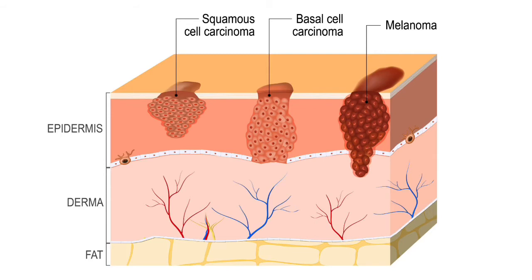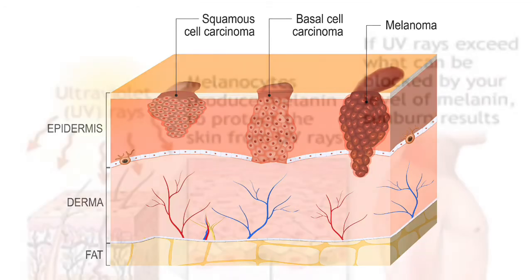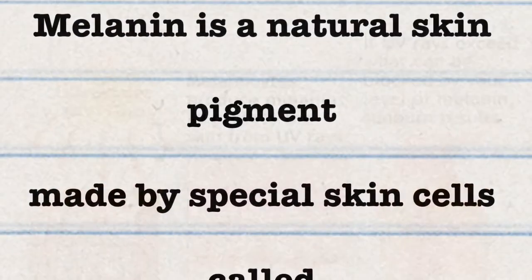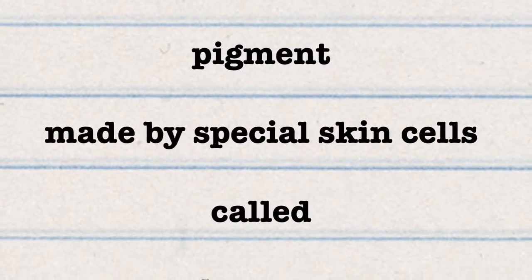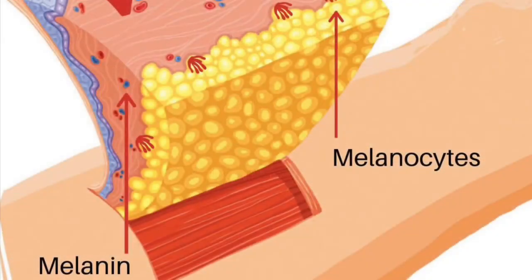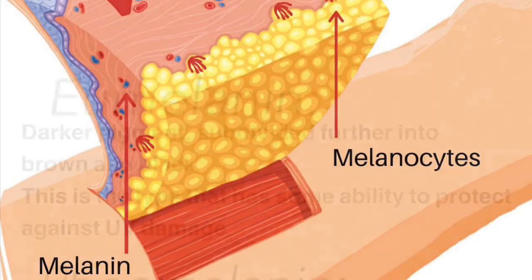Our body's way of trying to protect us from UVB rays is by producing melanin as a physical blocker of the sun. There are different types of melanin. The two that are most commonly discussed are eumelanin and pheomelanin.